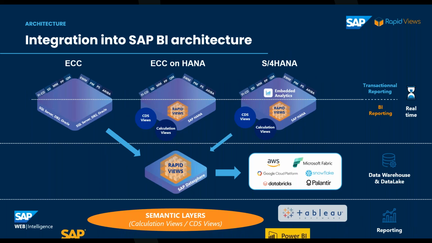But what if you want to give your end users the ability to access a very strong semantic layer through their own reporting tools like SAC, Power BI, Web Intelligence, Tableau, QlikView, whatever? That's what we provide. Customers buy our business content on S4HANA and also on SAP Datasphere mainly because they want to provide a very strong semantic layer through their reporting tools.